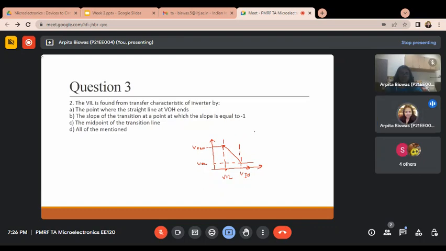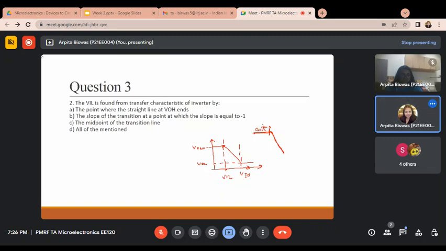Just carefully listen. Up to that point, it is in cutoff mode. Slightly greater than this, it is entering into the active mode.